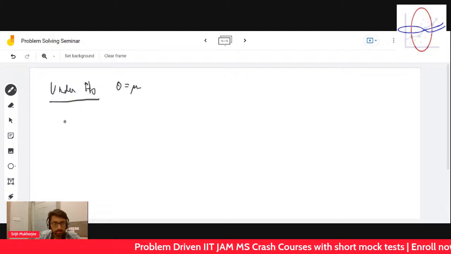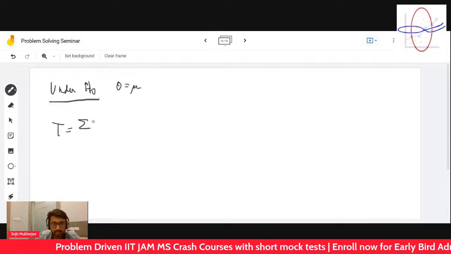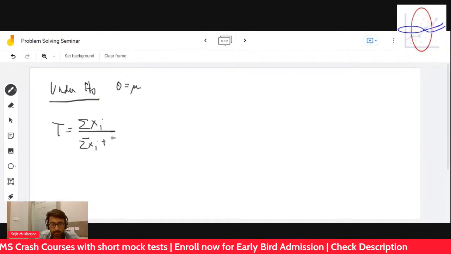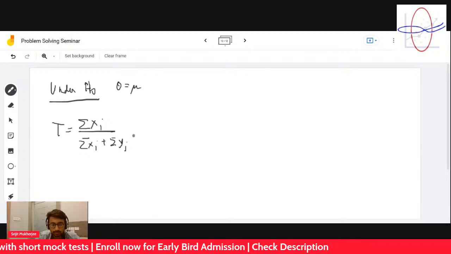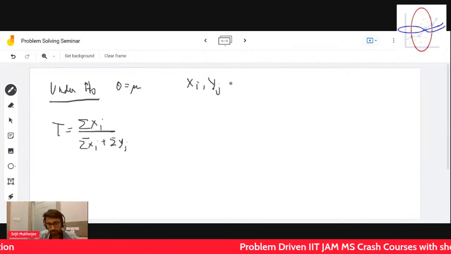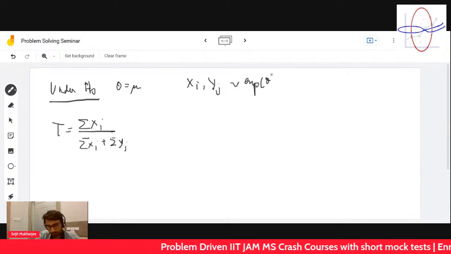So t is summation xi by summation xi plus summation yj. These are exponential, so under H naught this follows exponential with parameter theta, let's say.